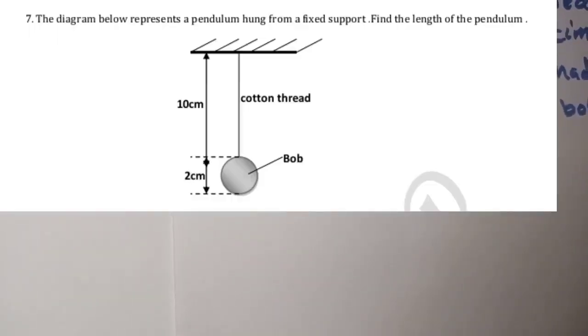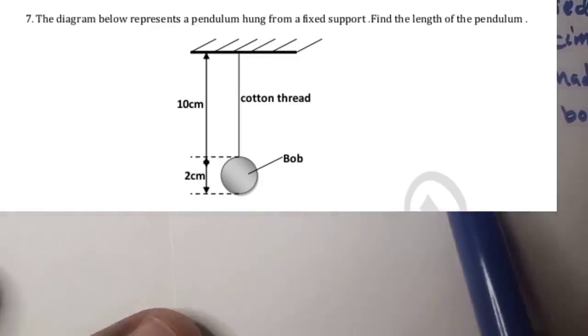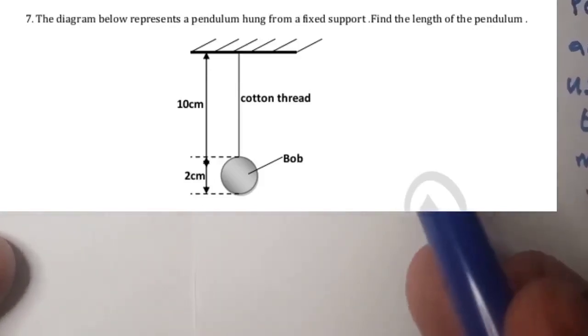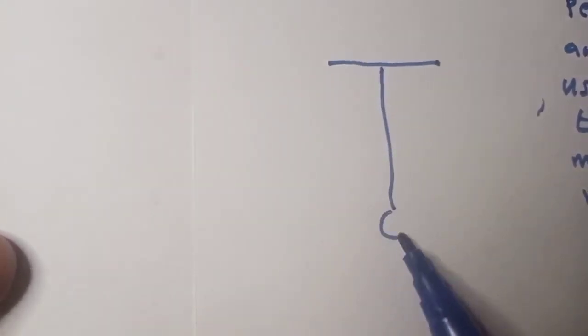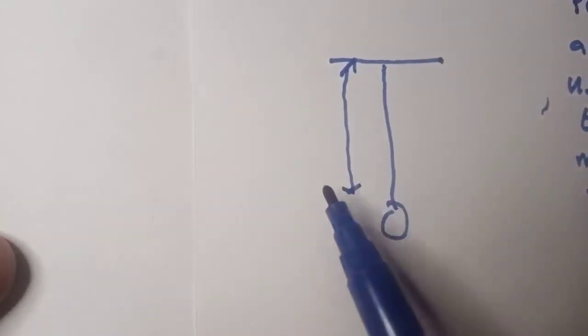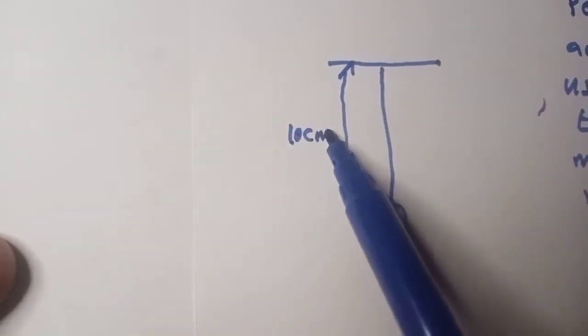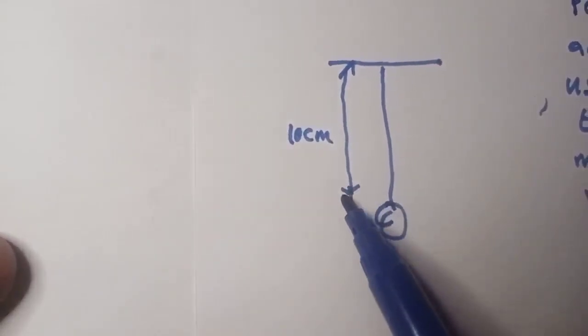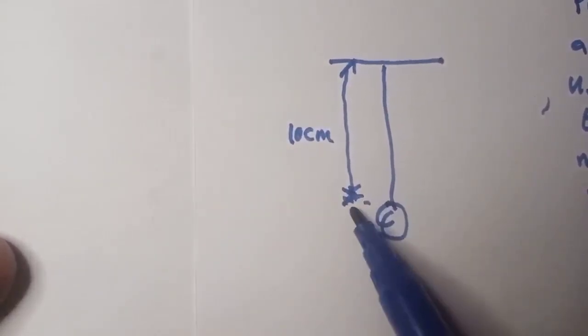Again we have an interesting question, the last question here. The diagram represents a pendulum hung from a fixed support. Find the length of the pendulum. You have the bulb there, and from here up to here it is 10 centimeters.